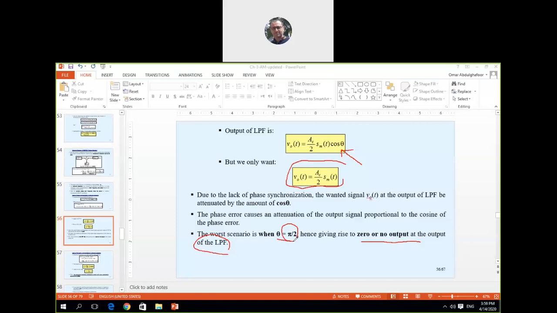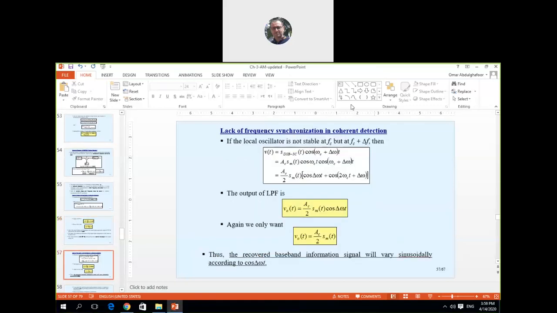By using coherent detection, we need to make sure that the local oscillator generates the carrier signal, or carrier frequency, and that it is synchronized with the transmitter and receiver at both frequency and phase. This is the problem if we have some phase distortion, and also another scenario, a lack of frequency synchronization in coherent detection.